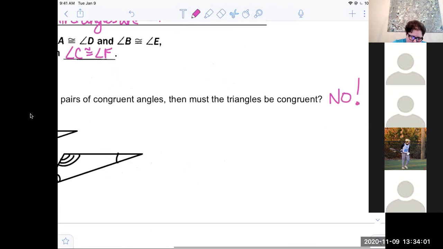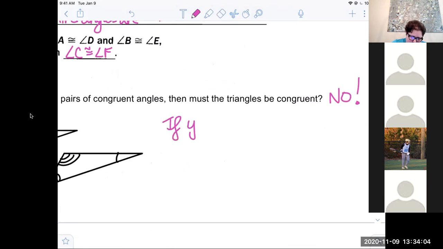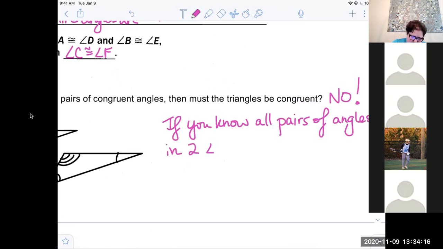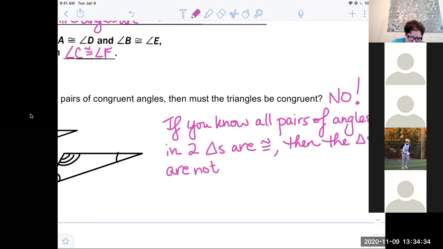So if you know all pairs of angles in two triangles are congruent, then the triangles are not necessarily congruent. Like maybe they are, but maybe they're not. So the third angles theorem does not tell you whether the triangles are congruent.